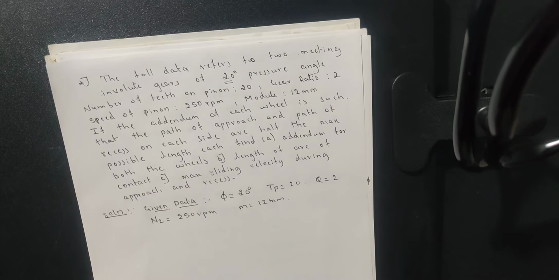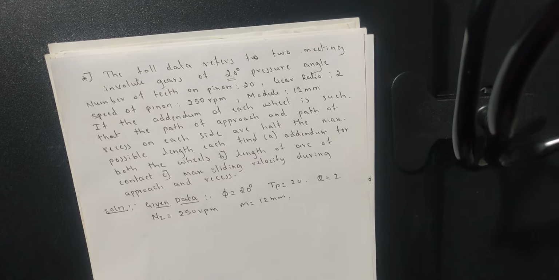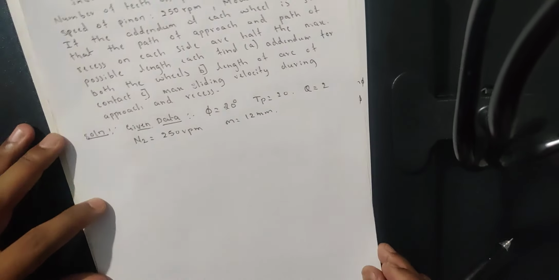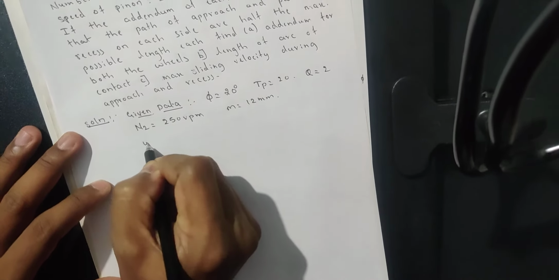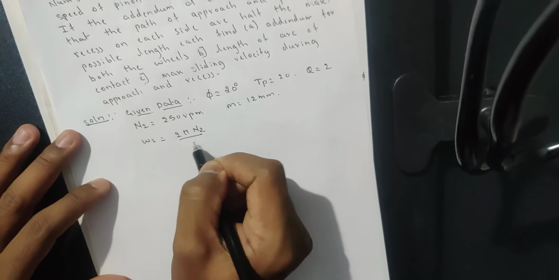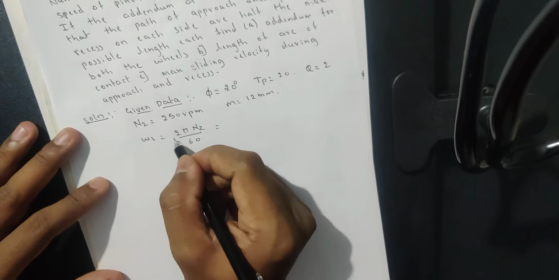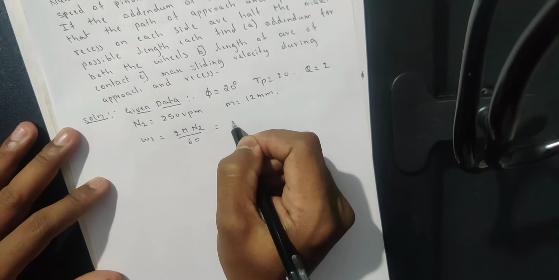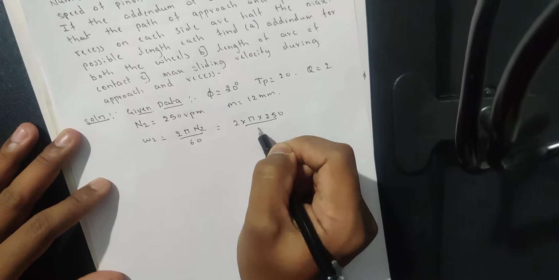First, we'll once again find out the angular velocity of this particular gear. The pinion's angular velocity omega 2 is equal to 2 pi N2 divided by 60, that is 2 pi into 250 divided by 60.